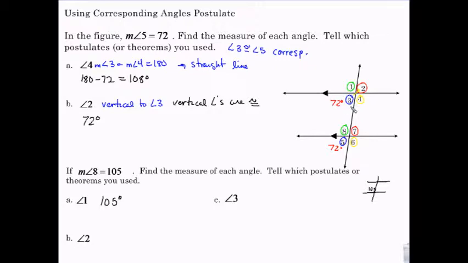Angle 3, so this would be 105 too. Sorry, that's way too small to read. I'm going to do 180 minus 105. So angle 3 in that case would be 75. And then angle 2 is the same as angle 3, so it would also be 75.